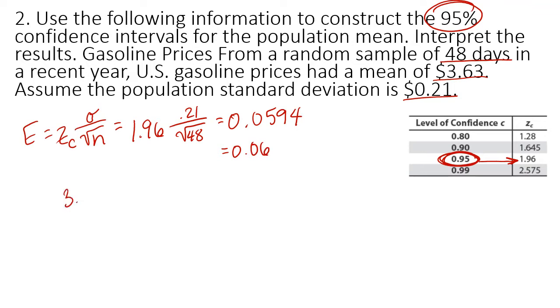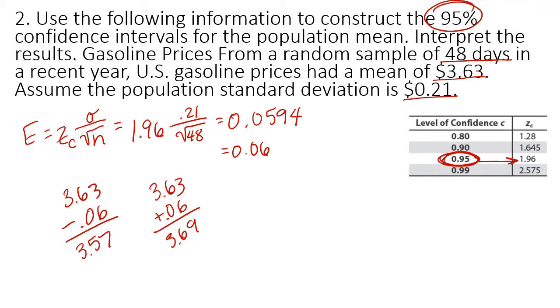So now we do the same thing of subtracting that from our mean and adding it to our mean, and we get this for our range. So now we can be 95% sure that the price is between $3.57 and $3.69. So now we're going to look at comparing those two after we show how to do it in Excel.